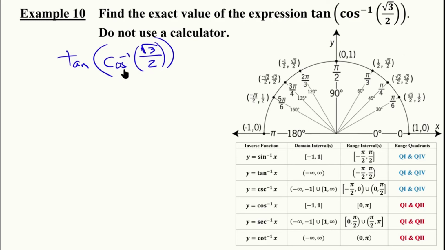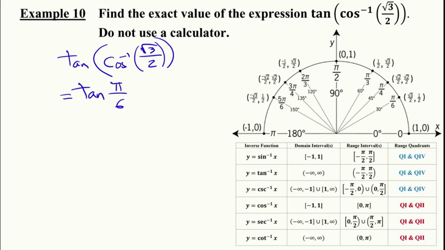So we're trying to find some angle, its inverse cosine. As you know, it's going to be between 0 and pi. We're looking for some angle between 0 and pi whose cosine, that means x value, is square root of 3 over 2. And of course, we can see that that is going to be pi over 6. So we're going to say this is the same as the tangent of pi over 6.